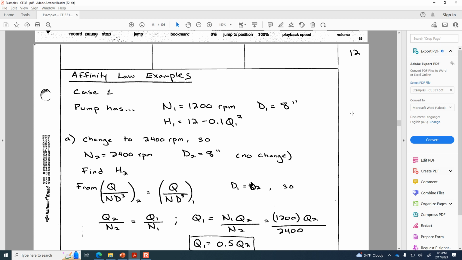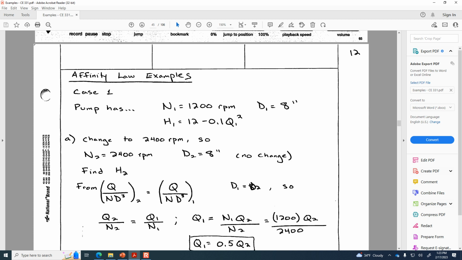Okay? Now we also want to know how not just the flow rate changed, but what's the relationship between the pump heads under this new condition. Okay, so the next part, we know H2 divided by N2 squared times D2 squared is equal to H1 divided by N1 squared times D1 squared.